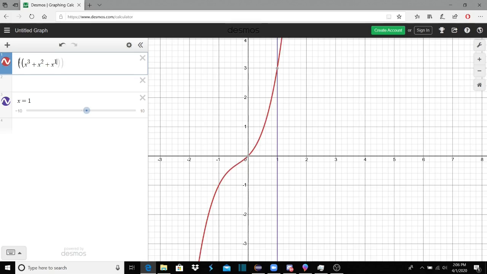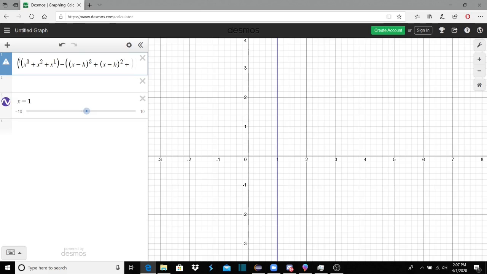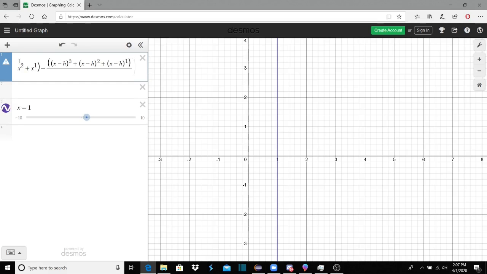I'm going to put it to the first so that you can see it visually. It's an unwritten one. And now we're going to do x minus h to the third plus x minus h to the second plus x minus h to no power, but I'll say to the power of 1. Why not? It's for the sake of the unwritten one.